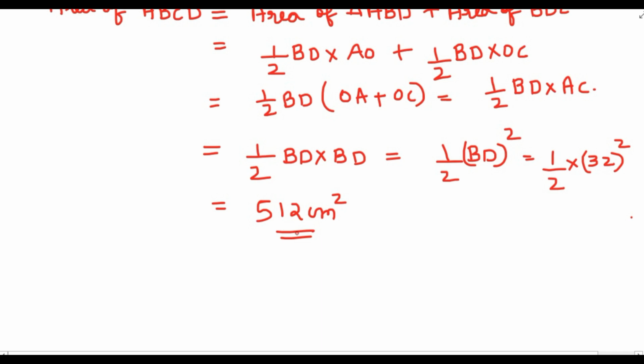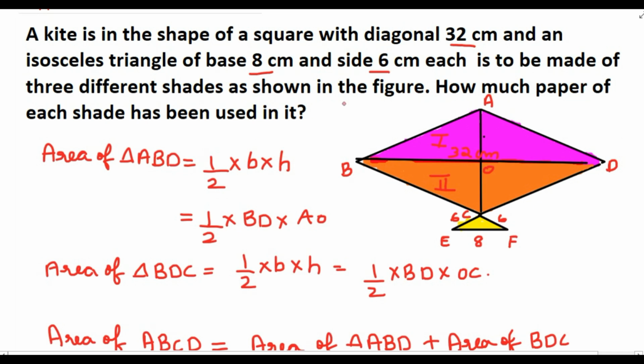We need to find out the area of 3 different shades. We need to find out the area of this first portion, second portion and third portion. Area of the full square is 512. So area of the pink shade will be 512 divided by 2.